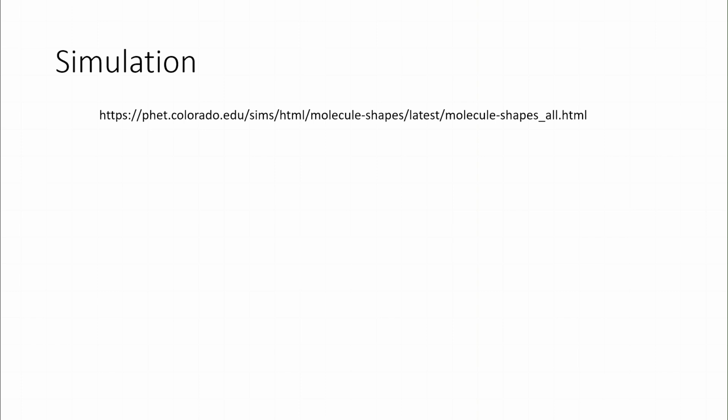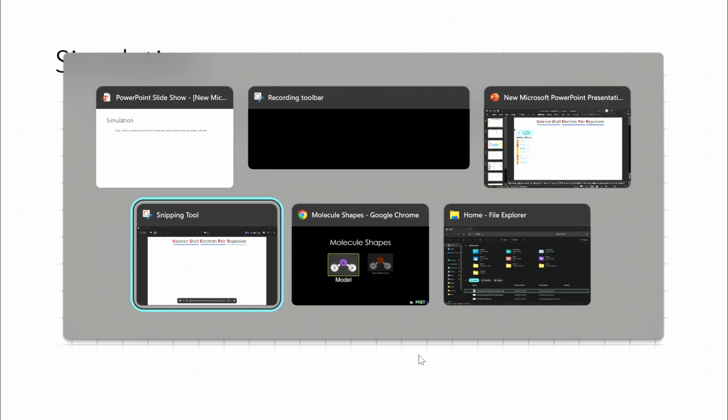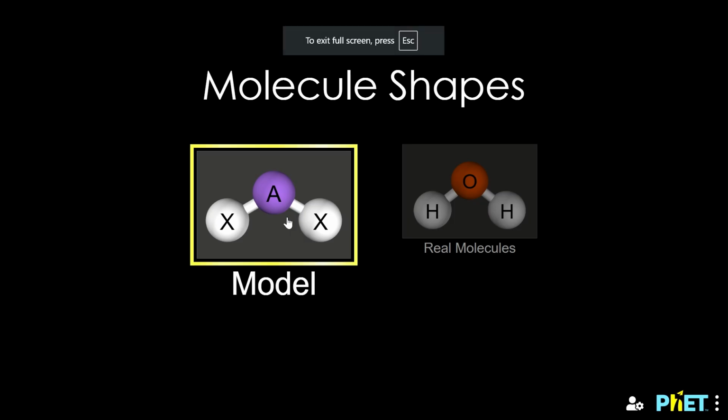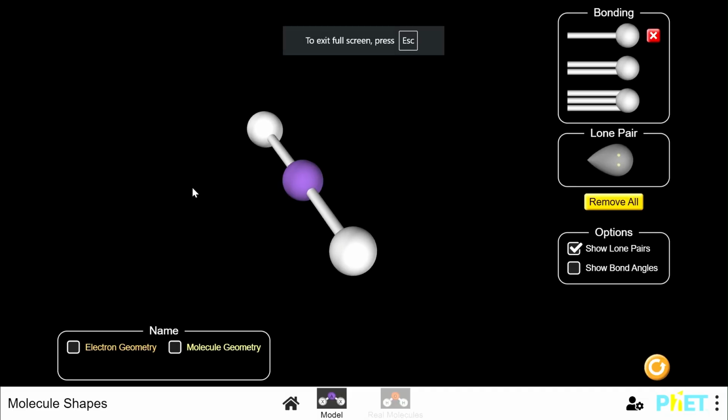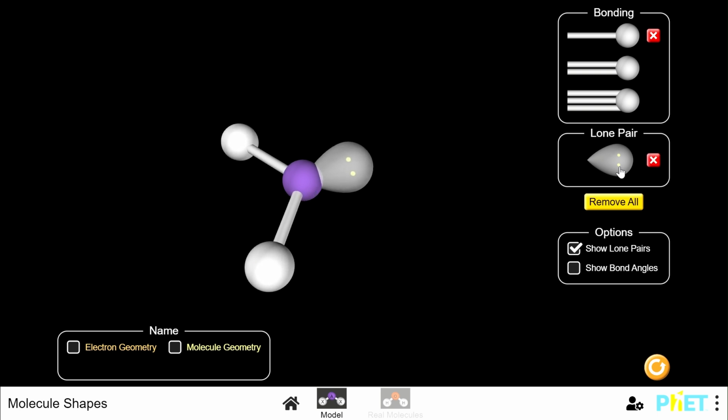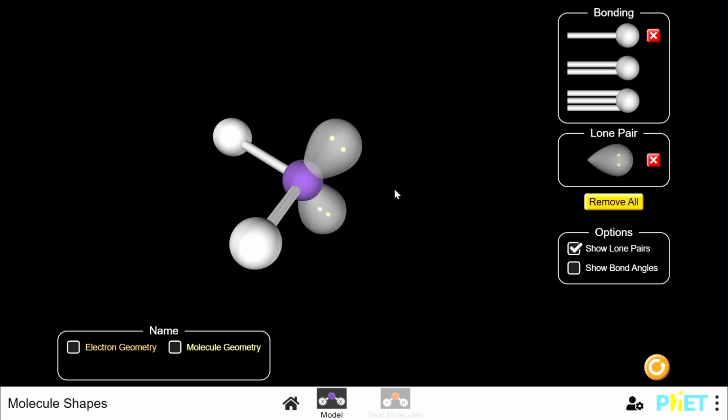Now your AP Chemistry syllabus and the official website suggest doing some simulations, and here, since you are done with the theory, you can go ahead and add lone pairs and see how the chemistry changes.